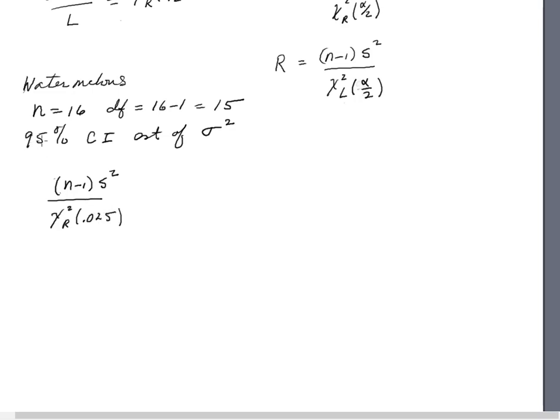Now, if this is 1 minus alpha, this would be alpha by 2, so that's where that came from, and comma, n minus 1 s squared, same numerator, over chi-square L 0.025, the left-hand, and that's an interval.